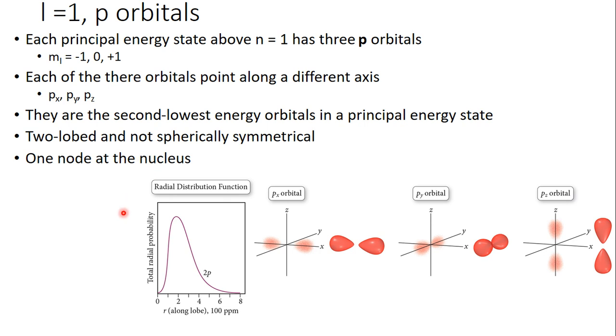When you look at the radial distribution functions for this, you'll see no probability near the nucleus, and probability dies off away from the nucleus, but you have this middle point of high probability. When you plot that out, you get this tear shape. And they're not symmetrical shapes at all. It is this tear shape where you have a node at the nucleus. That's how we know what the p orbital looks like. We're just solving Schrodinger's equation and plotting it versus distance. When you do that mathematically, you get this tear shape.